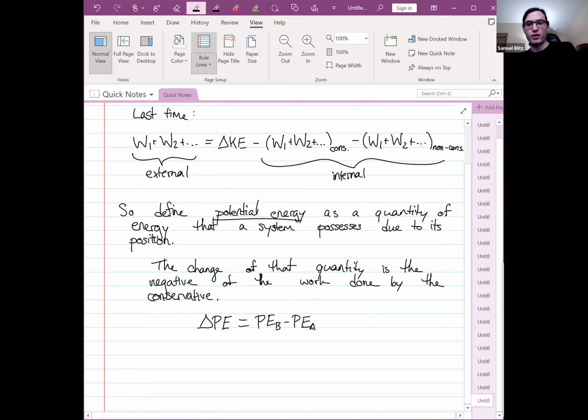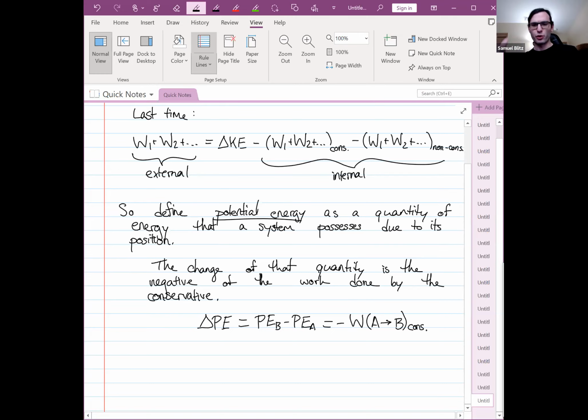If the potential energy is associated with a conservative force, then that change in potential energy is precisely the negative of the work done from A to B by that conservative force.